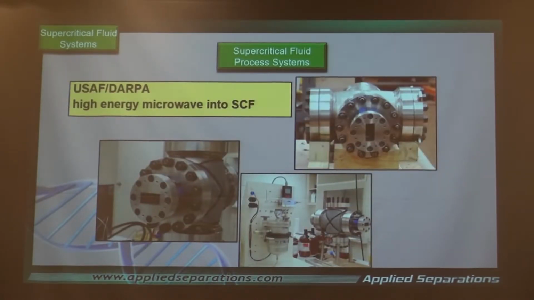We've also done some other secret work, which I can't tell too much about, obviously, but we worked with the U.S. Air Force and the Defense Advanced Projects. This is the very highly secret part of the U.S. Defense Department, where we were beaming high-energy microwaves through a stream of supercritical CO2, and developed a system to do that, because we were doing a high-energy reaction inside the reaction vessel.